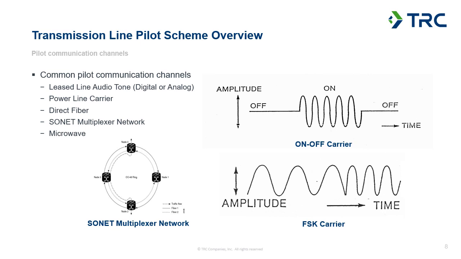So that's a really commonly used type scheme, especially 10 to 20 years or more ago. That was a very, very commonly used scheme because all the infrastructure is there as far as the mechanism to get it from one terminal to the other. There is some other equipment located at the substation that you have to apply, but it's a very convenient way to send that information from one end to the other.